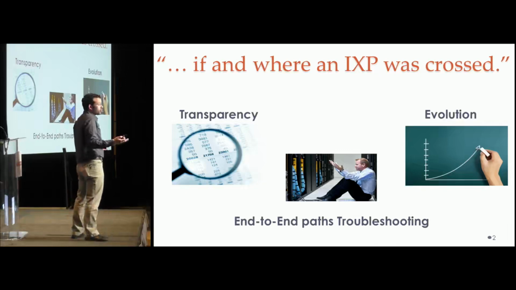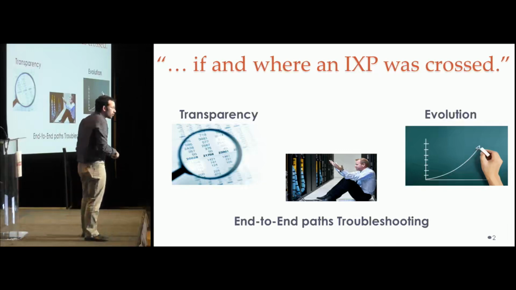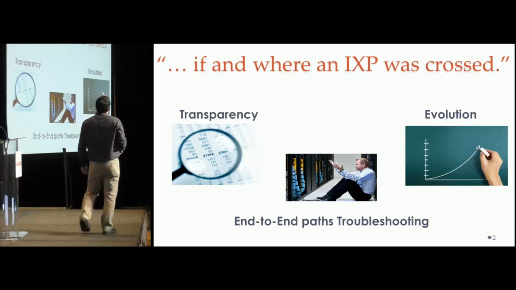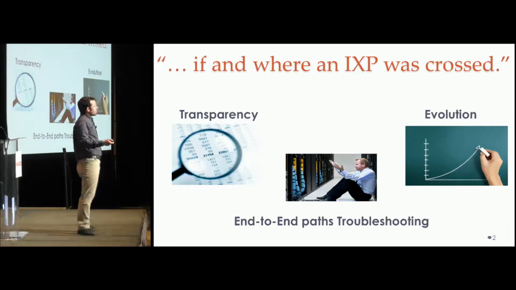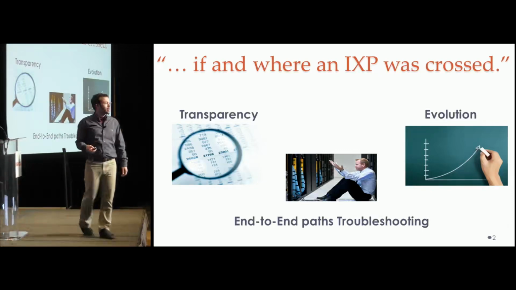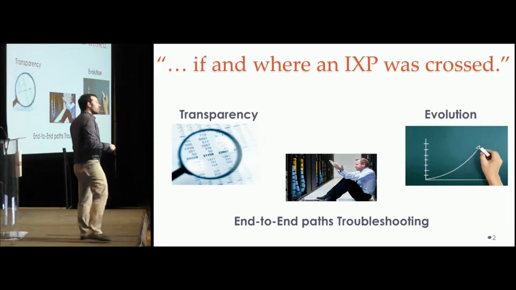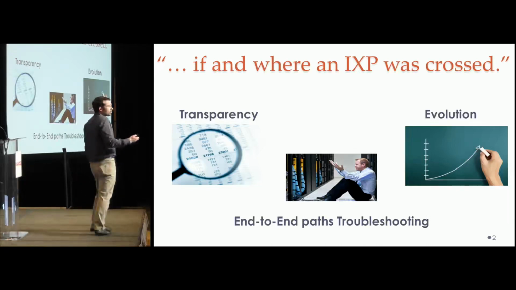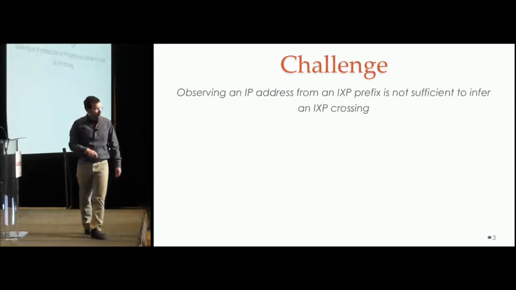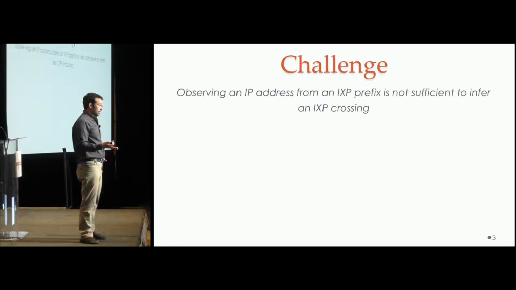A potential answer is that it offers much more transparency over where our packets go. It might be considered quite useful for network administrators to troubleshoot end-to-end paths, or even for researchers to better understand how the IXP ecosystem evolves.